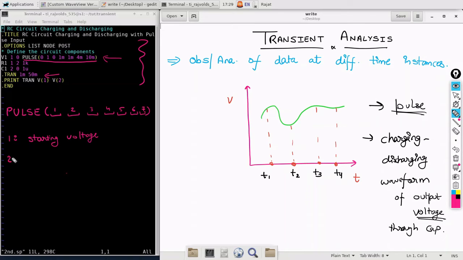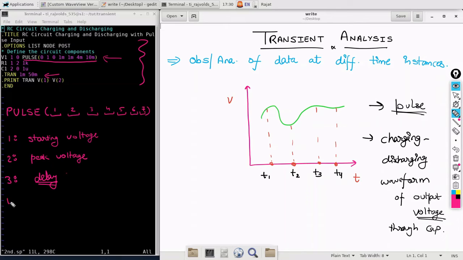In the second position, we have the peak voltage, which means up to which value of voltage the pulse should go at the maximum. Third, it is the delay. It is the origination delay, that is when the pulse will start. So after what delay the pulse should start to form.